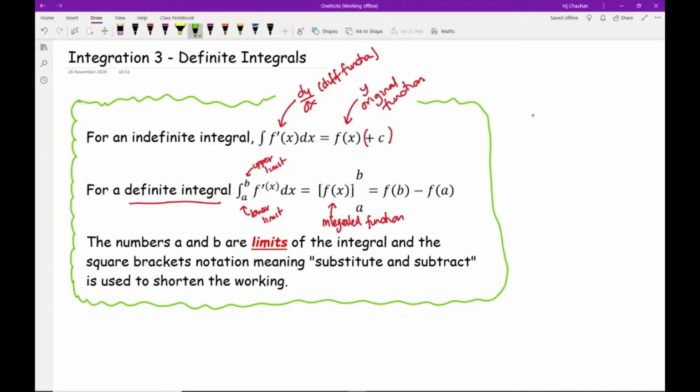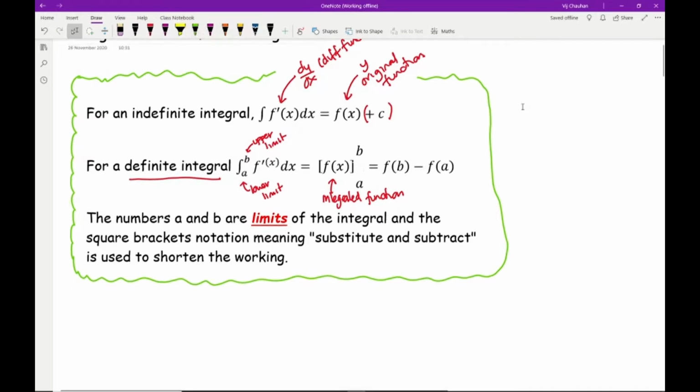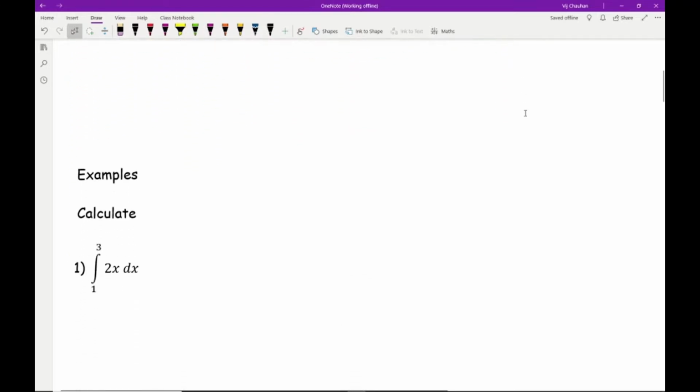That should really have been taught before this, but we'll go through the notion of this because it's really important that you master the mathematics and the notation of definite integrals before we move on to where it's commonly used in the real workplace, or real math place I should say. So let's have a look at some examples to start with.